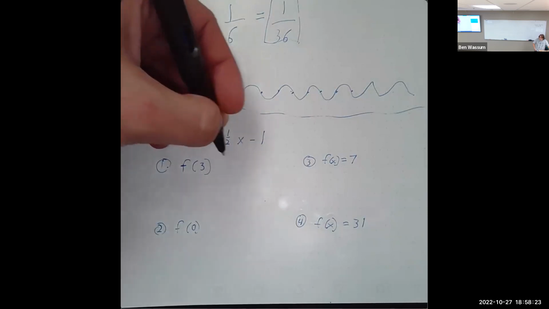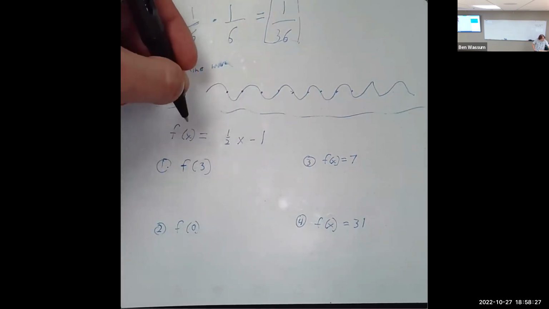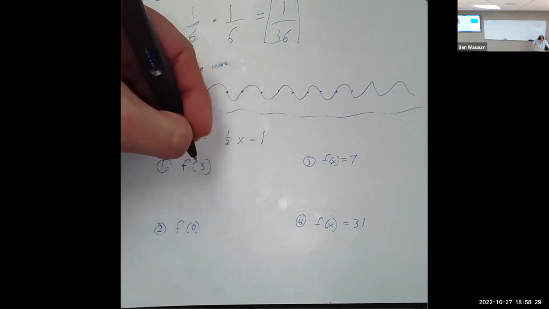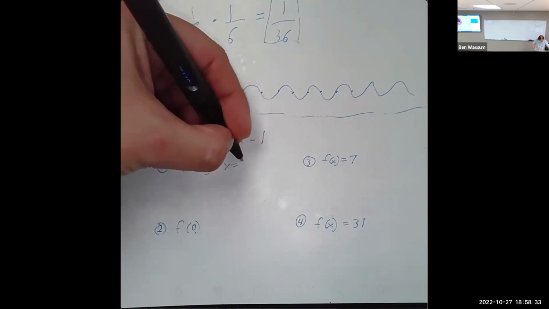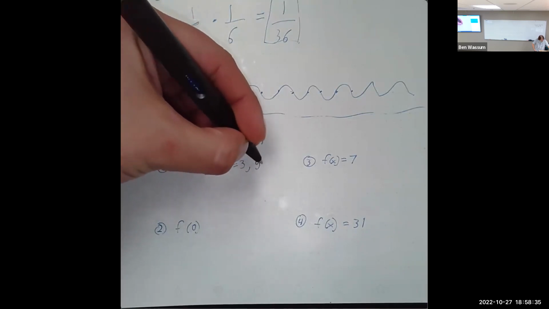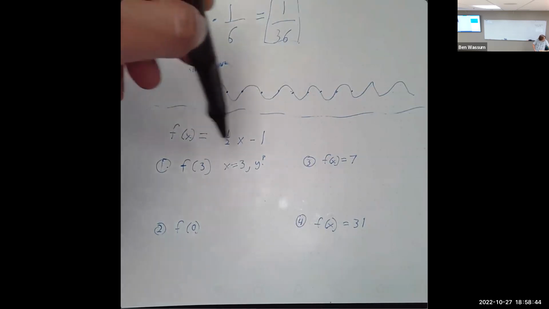Well, what's f of whatever? This is basically our y, right? So this is saying our variable x is 3. What's y? We can use y for now. It's good to understand it. This is basically y equals.